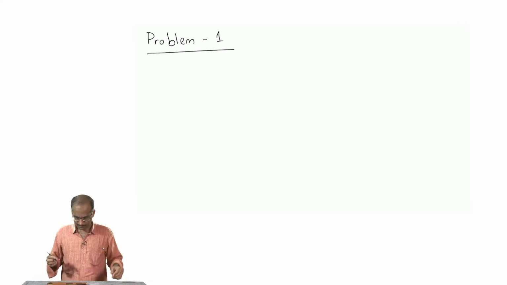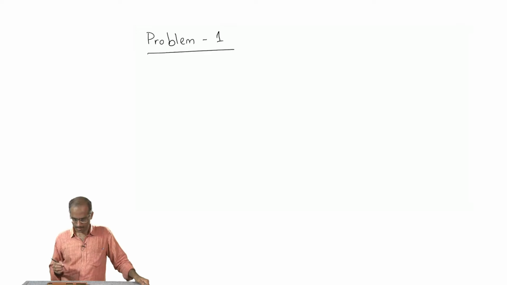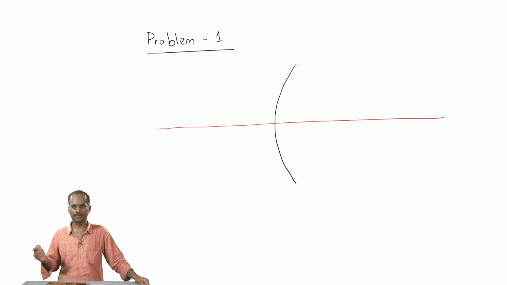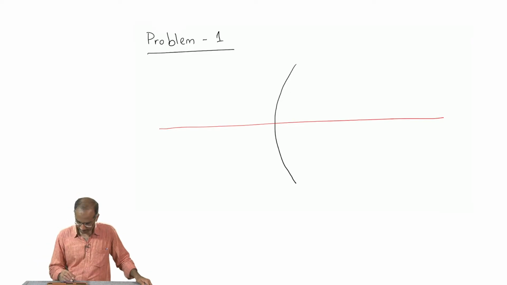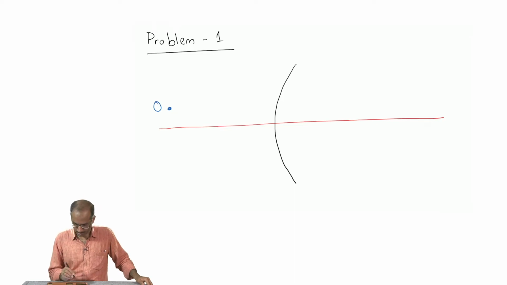First problem is something that we had done earlier on using the standard method. So, let me restate the problem. Let us say that I have this refracting surface, and this of course defines for me the axis, and I have an object here at O. I am going to denote this object by lambda 1, x 1.